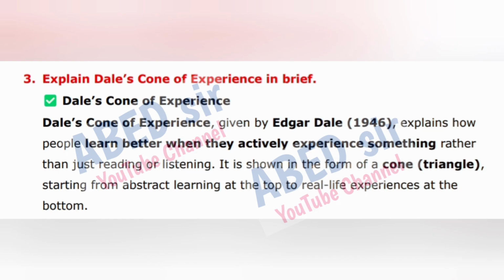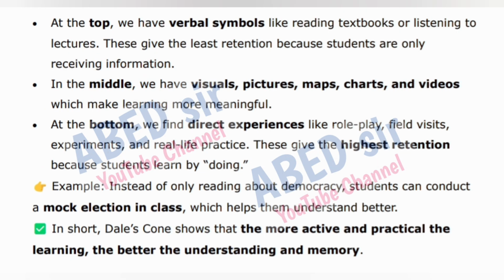It is shown in the form of a cone, triangle, starting from abstract learning at the top to real-life experiences at the bottom. At the top, we have verbal symbols like reading textbooks or listening to lectures. These give the least retention because students are only receiving information.